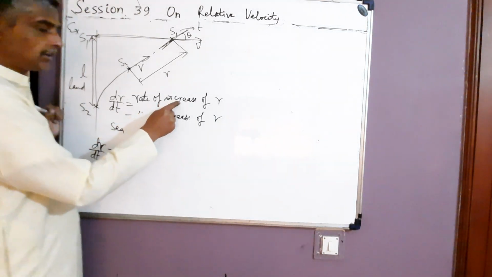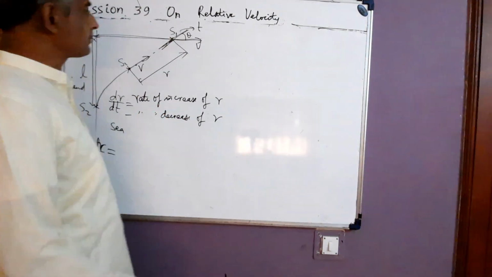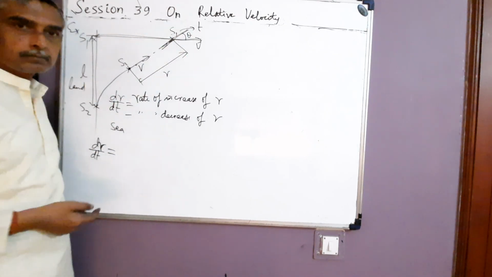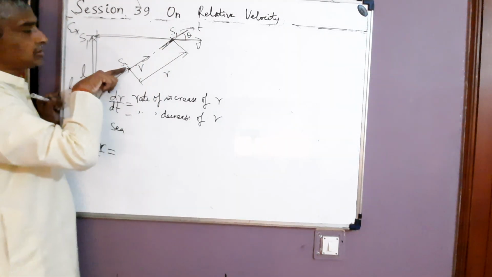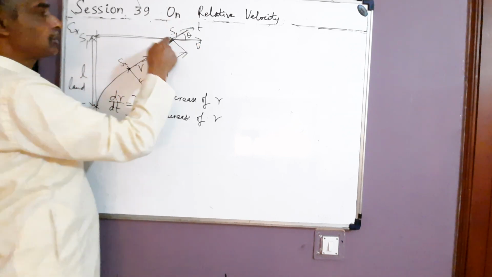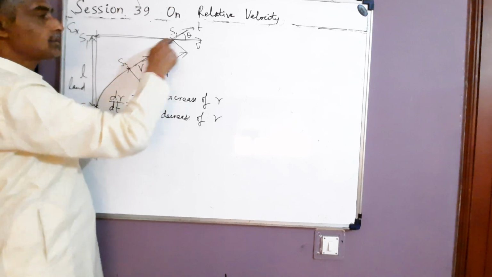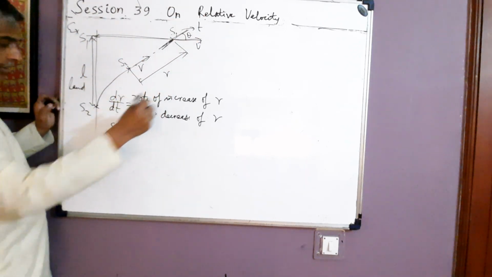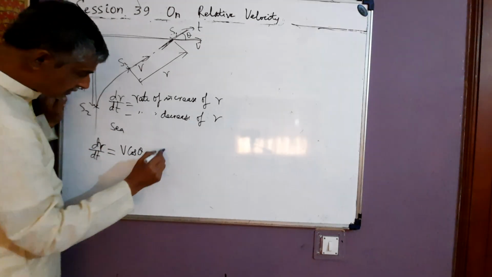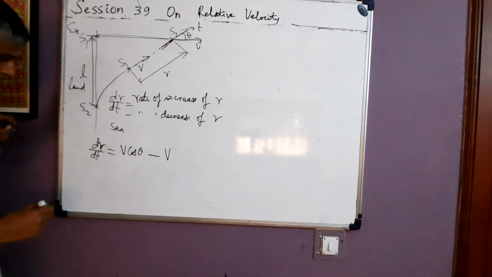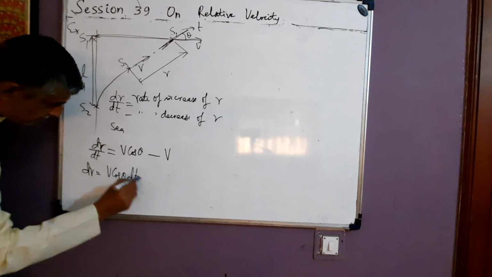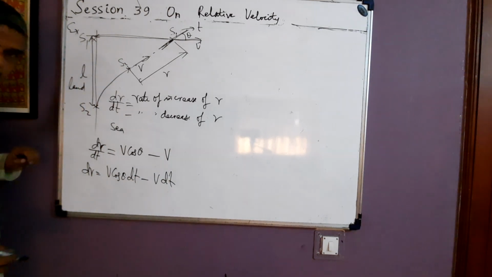Rate of increase and decrease of r will be decided by components of velocities of these two ships along the line joining them. Now velocity of S2 is v, it is along this line, S1 S2 itself. This will cause r to decrease. And component of v along this line is v cos theta, that will cause r to increase. So rate of increase of r will be written as v cos theta, and rate of decrease of r as v. So dr becomes v cos theta dt minus v dt.